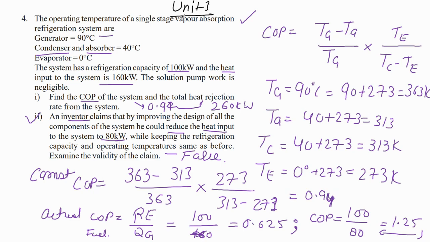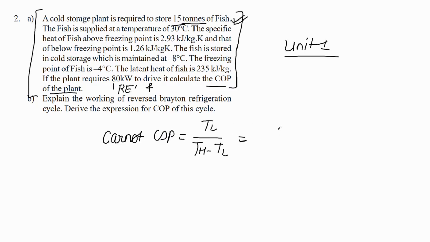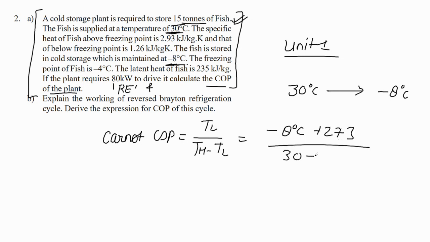The fish is initially at 30 degrees Celsius and has to be cooled to minus 8 degrees Celsius, so the lower temperature is minus 8 degrees Celsius. Put it in Kelvin: minus 8 plus 273 divided by 30 minus minus 8, which is 38. So COP comes out to be 6.97.